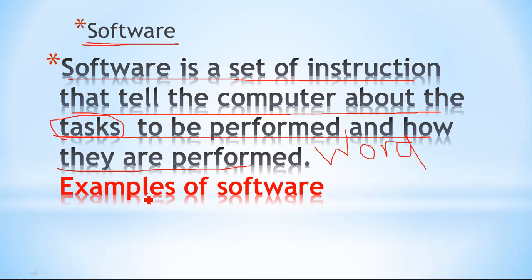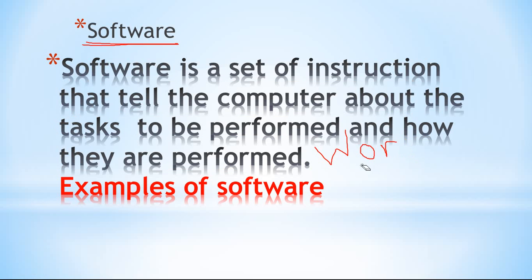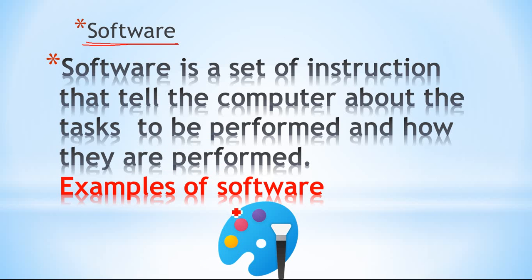Okay. Now, are you excited? I will tell you examples of software. The first example of software is Paint. Paint is a software. So it means that we can see the software, but we cannot touch it.